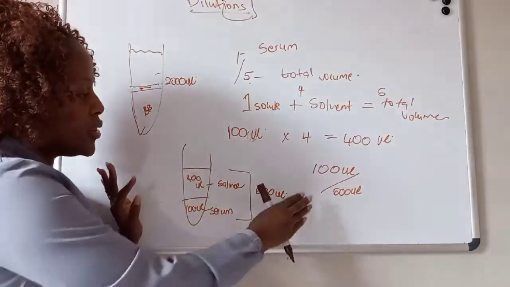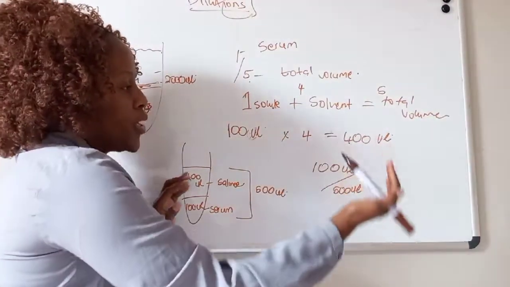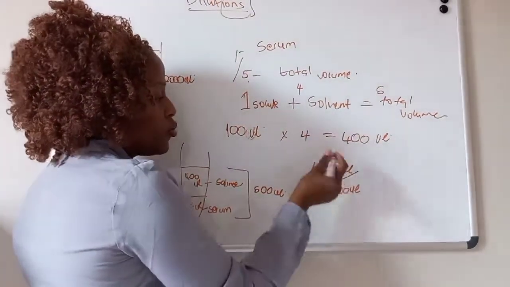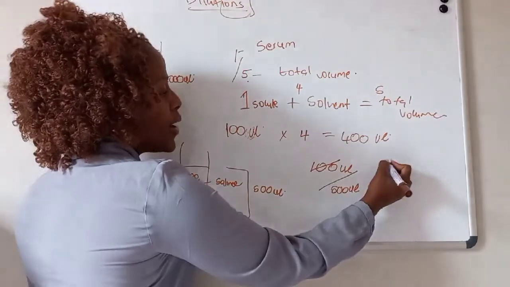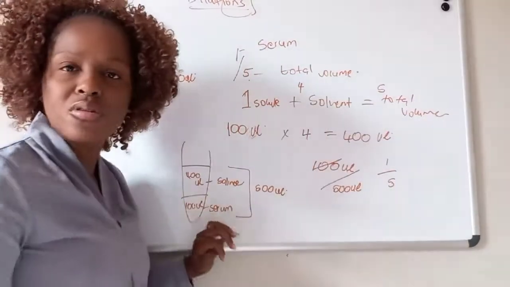Now we have to simplify this so that we can get a dilution factor. To simplify it, you say 100 goes once into 100, and 100 goes 5 times into 500.